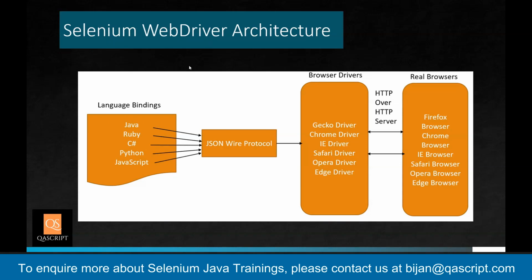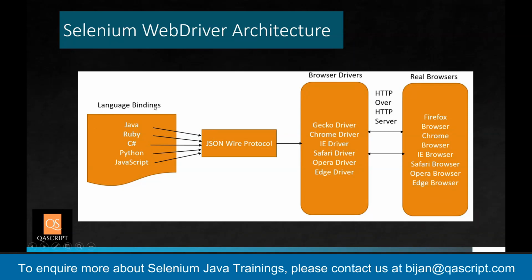Right? So there was some basic background about Selenium. Now, in order to work with Selenium, we should also understand its architecture. Okay, so this is the architecture of a Selenium WebDriver, and there are different components inside this, right?